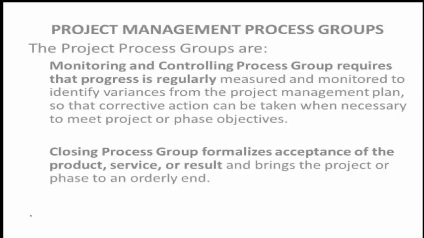So you're basically monitoring and controlling the various deliverables and your triple constraints. Finally, once you have done everything, closure. What are the formalities you need to do to close the project?